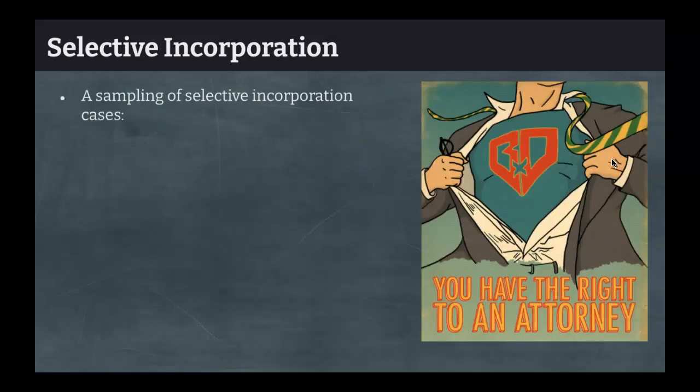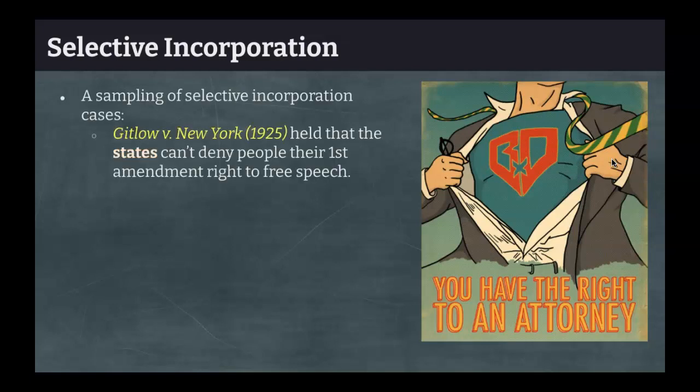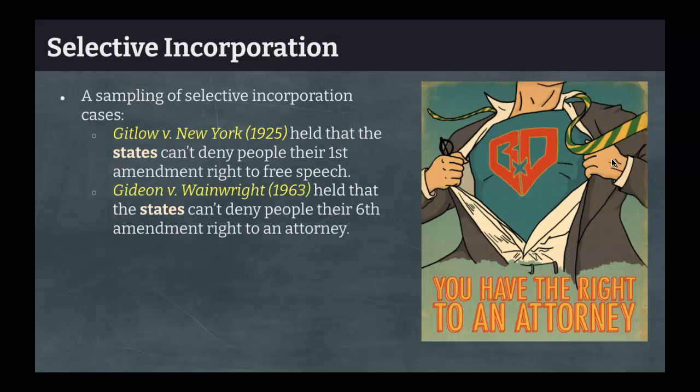Some samples of selective incorporation cases: Gitlow versus New York, in 1925, held that the states can't deny people their First Amendment right to free speech. Before this case, states pretended like they could do whatever they wanted with our free speech, even though the federal government had to honor our right to free speech.